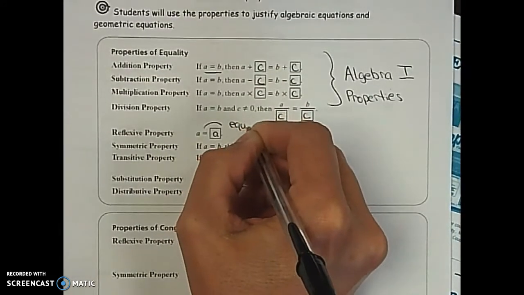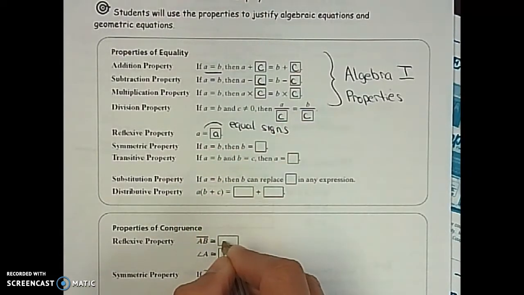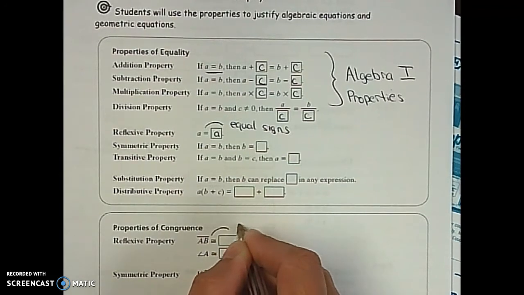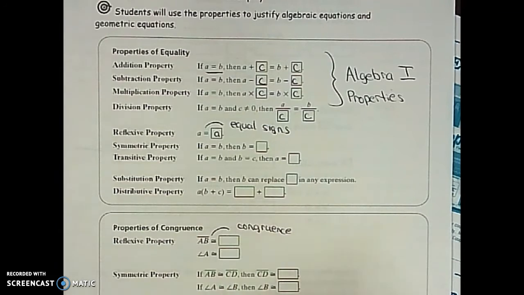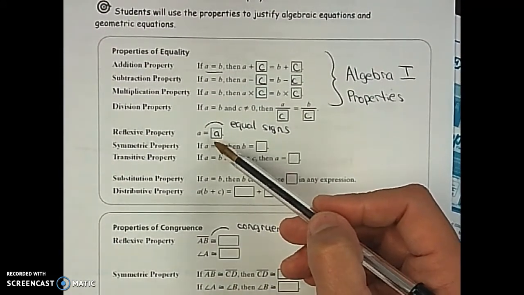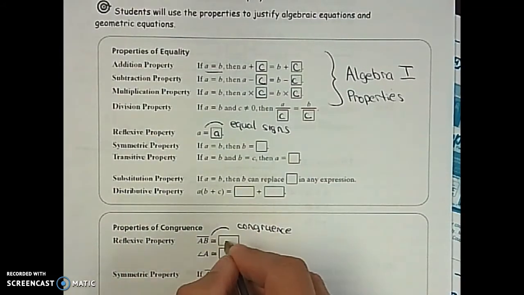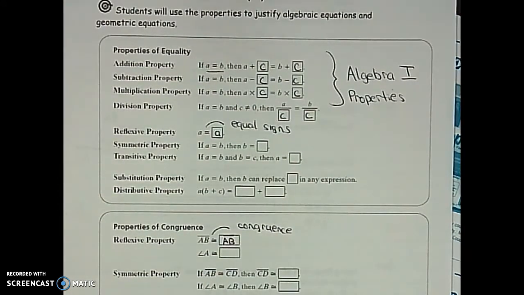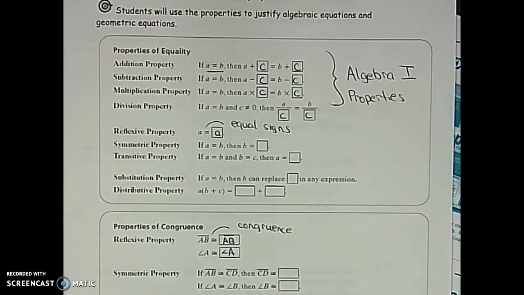Notice all of these are equal signs, and all of the ones at the bottom are congruent symbols. The reflexive property essentially says you're looking at your reflection. In other words, you're looking at the exact same thing you started with. So we have A equals A here, or segment AB is congruent to segment AB, or angle A is congruent to itself, angle A.